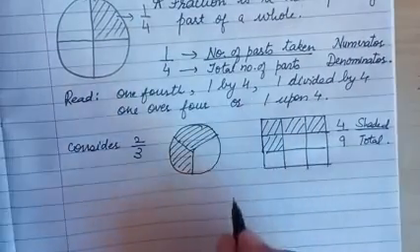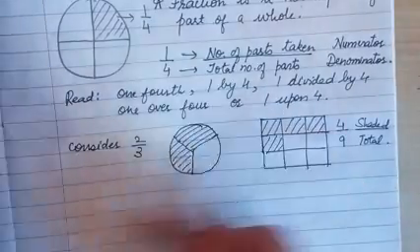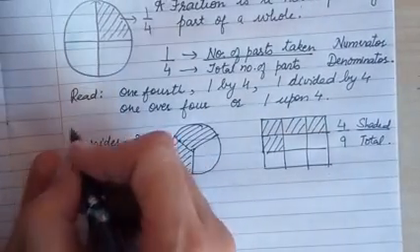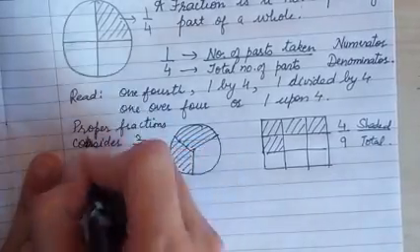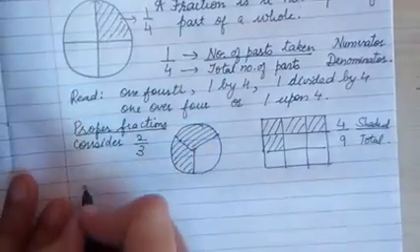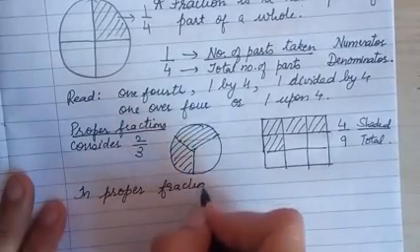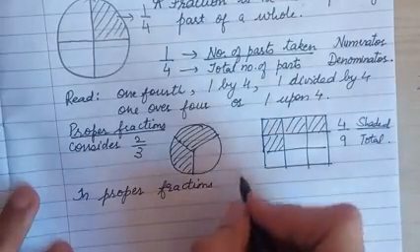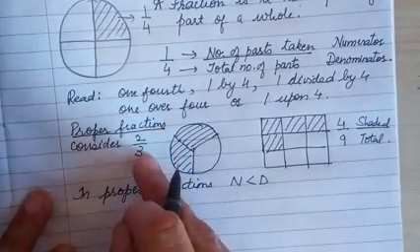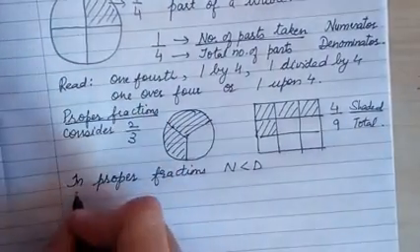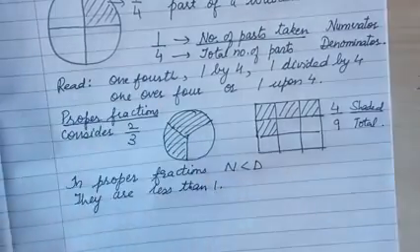You will see that these fractions 1/4, 2/3, 4/9 are all proper fractions. In proper fractions, the numerator is less than the denominator, and they are less than 1.